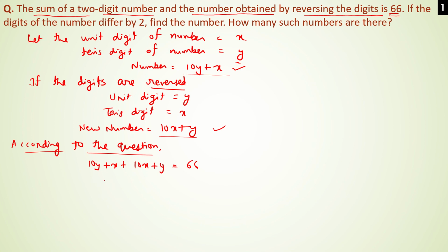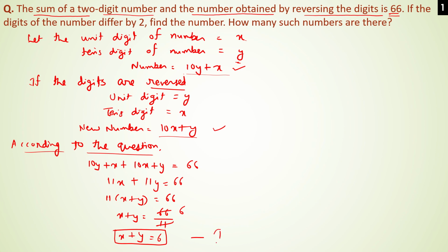And here we get 11x plus 11y equals 66, and by taking 11 as common, we get x plus y equals 66 by 11, and hence x plus y equals 6.